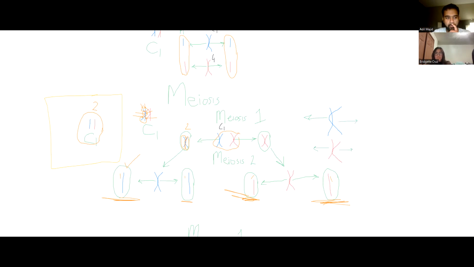Then we have one of each on each cell, right? And I don't want that, because I want there to be the haploid number, and I want it to be different. So that's why in meiosis one, the first thing that happens is the homologous pairs separate.